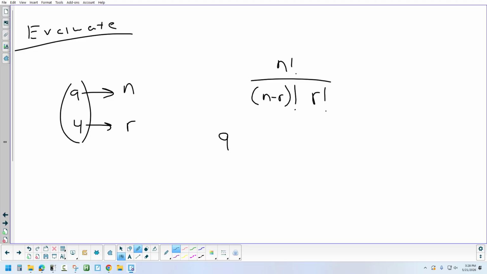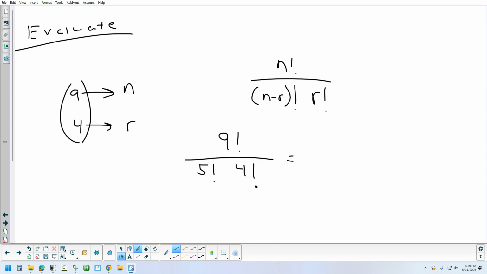So we've got 9 factorial over N minus R factorial. So that's 5 factorial, and then R factorial. Okay, if we wrote out everything in the top, a lot of it would cancel with something that's in the bottom.